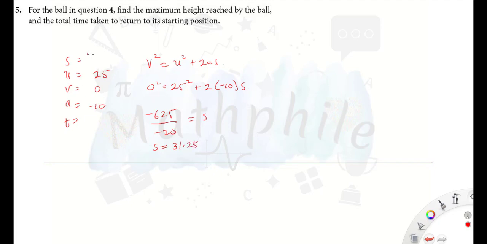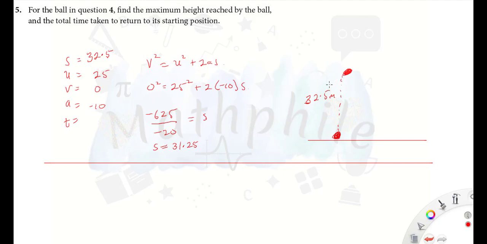So let's find the time it takes the particle to get to the maximum height. This is where the particle was projected, and it went up to this level. So at this level, the particle was 32.5 meters above the ground. Let's find the time it actually takes the particle to get to this one.